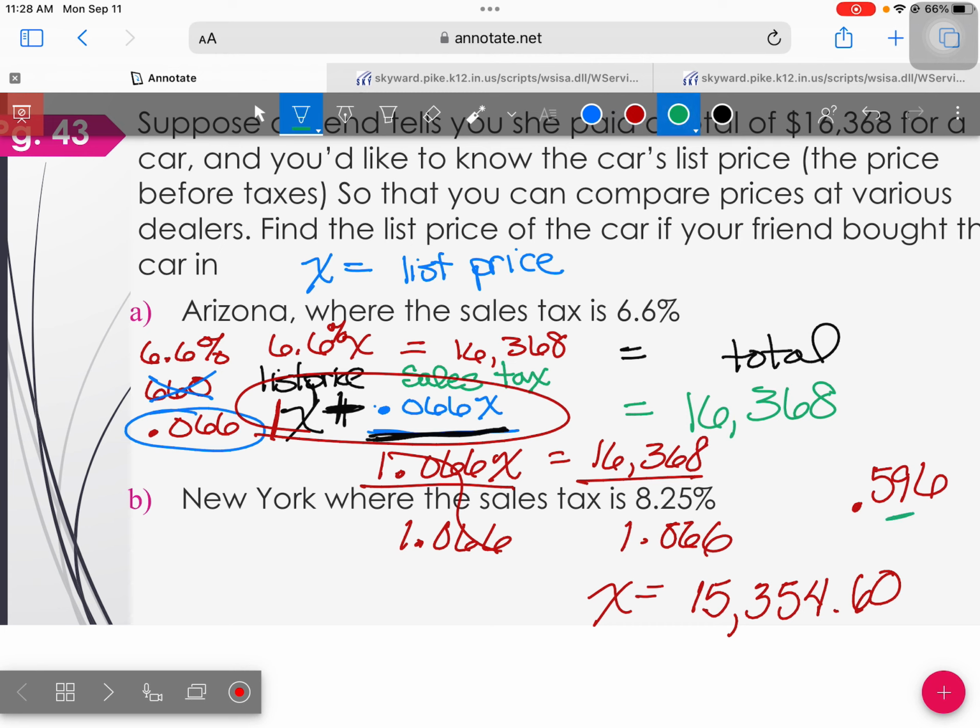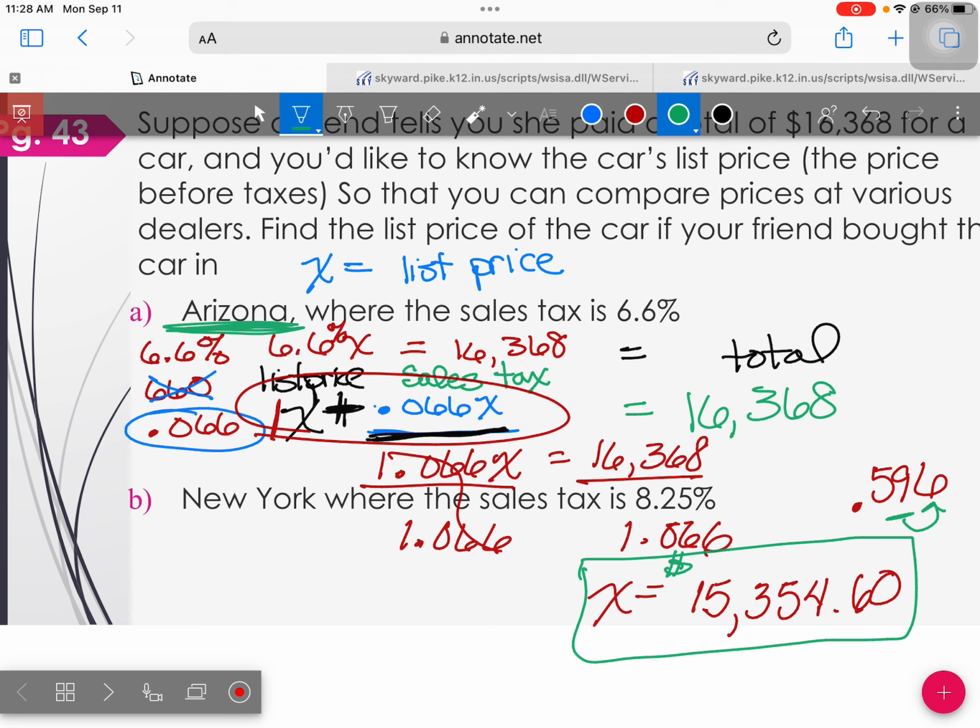So to the nearest cent, go next door, 5 or more, it goes up 1, to 60 cents. So this is the list price of the car in Arizona. In Arizona, okay?